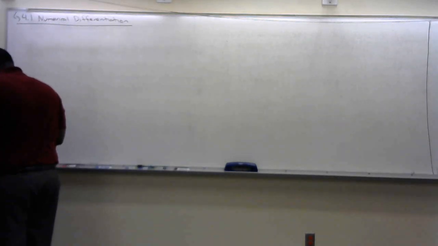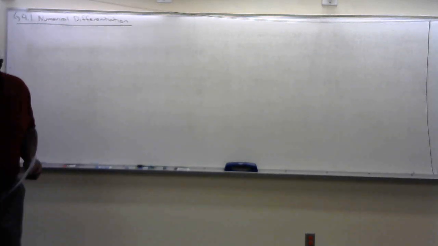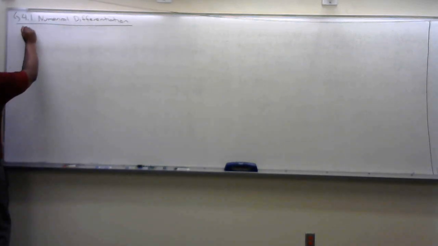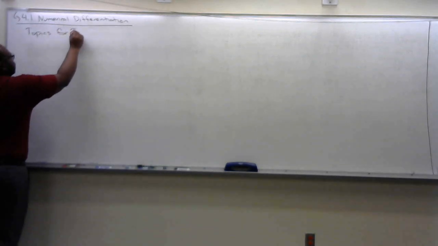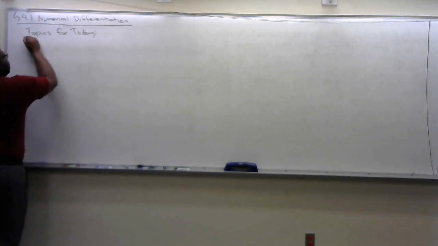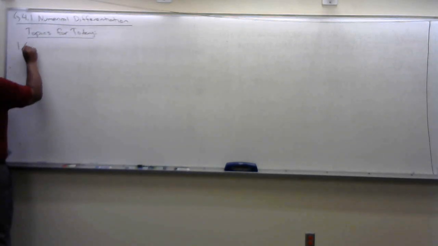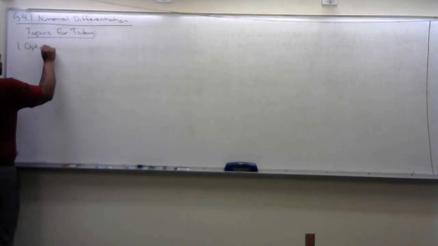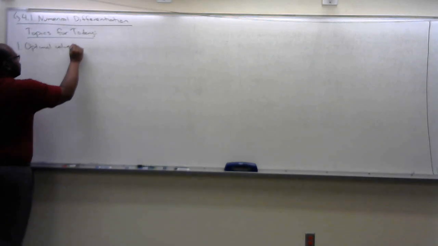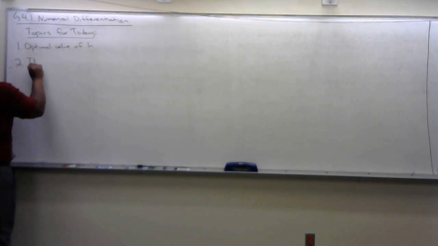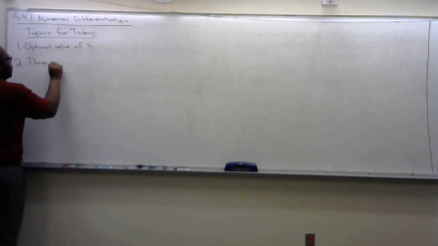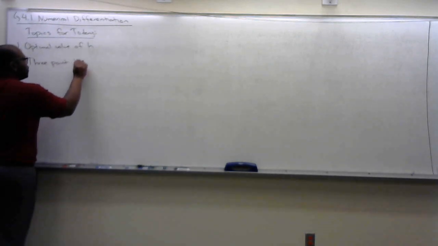Okay, and topics for the day, just pretty straightforward. Today we're going to be talking about, one, the optimum value of h. We'll talk about what that means. Two, I'm going to do a 3-point difference formula.